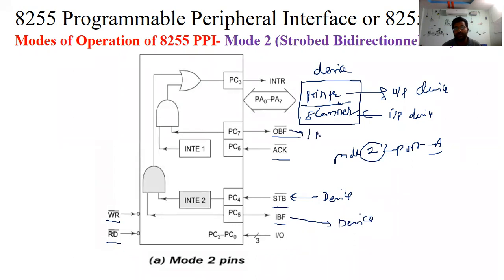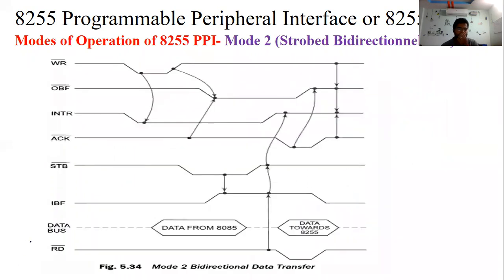The OBF goes from the 8255 to the device, where device means a printer or scanner, and the acknowledgement comes from the device. Suppose the microprocessor performs the write operation: whatever data is present in the CPU is loaded to the 8255.